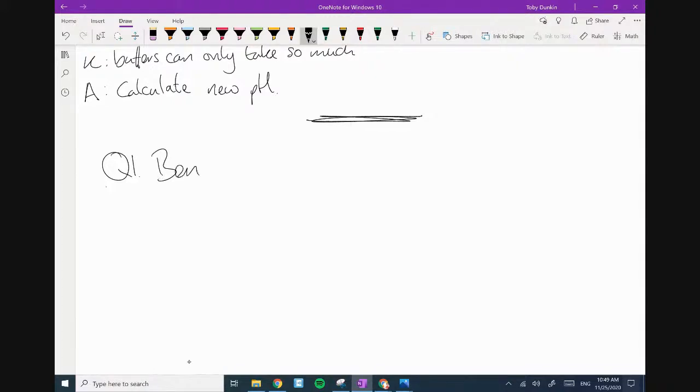Ben mixes 200 cm³ of sodium hydroxide, concentration 0.3 mol per dm³. I'm just going to put molar. You know it's an old unit, you're not allowed to use it, but I am.